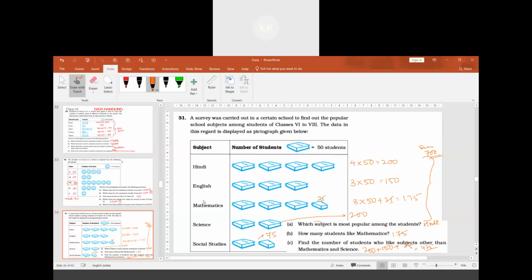In these two, if you remove it, 375 should be subtracted from this. It is like 700 minus 375, 425. In this way also we can do it. 425.